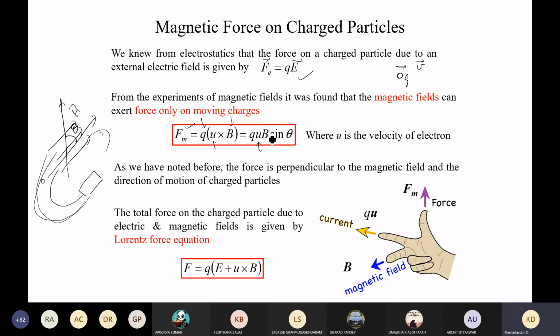These two were connected for the first time by Lorentz, and he also proved various concepts, and that is what we call the Lorentz force equation. So by adding both, you will get the expression for the Lorentz force equation.